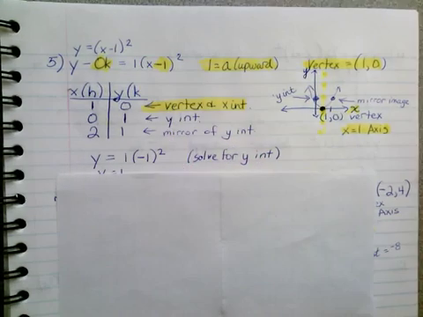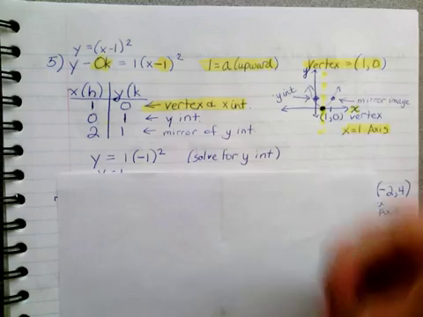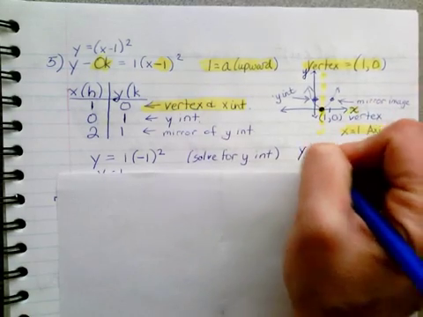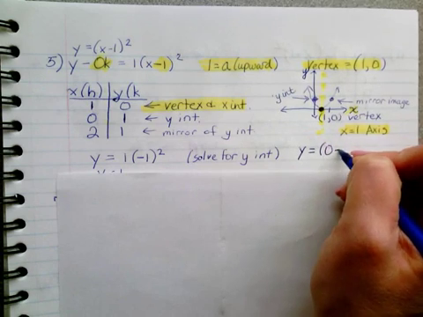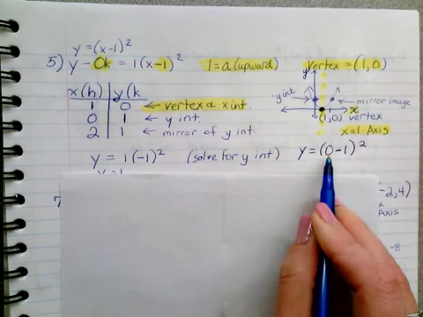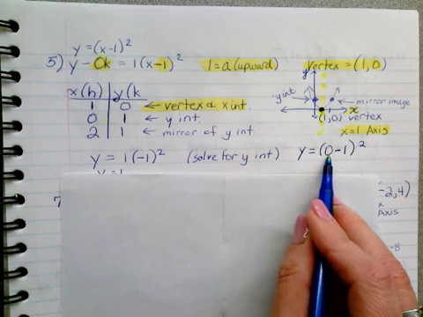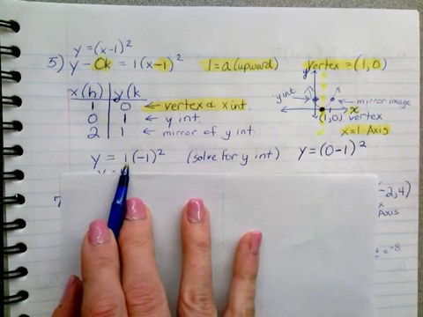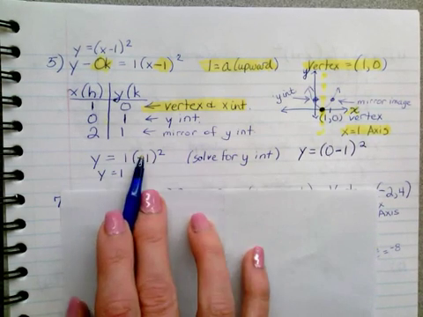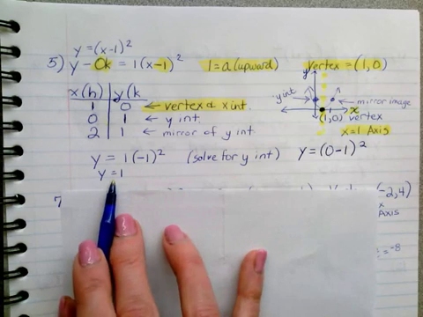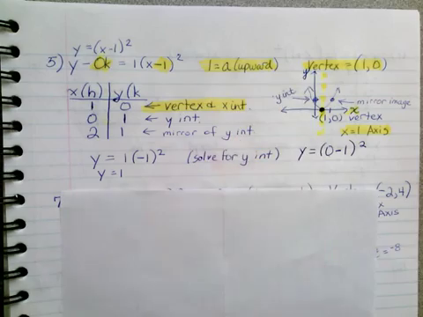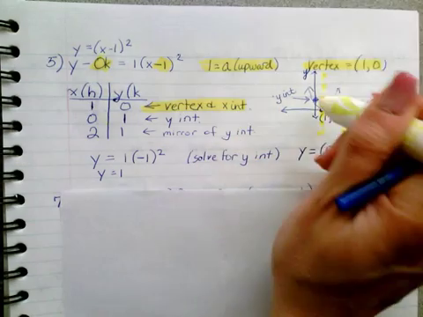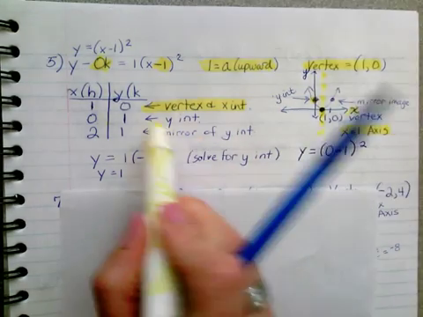So if x is 0, it's going to be y equals, I kind of simplified it there, but I want to show it to you in case you get nervous, 0 minus 1 squared, right? If x is 0. Which brings me to here. Negative 1 squared is 1. 1 times 1 is 1, okay? There's my y-intercept. Y-intercept is located at 1.